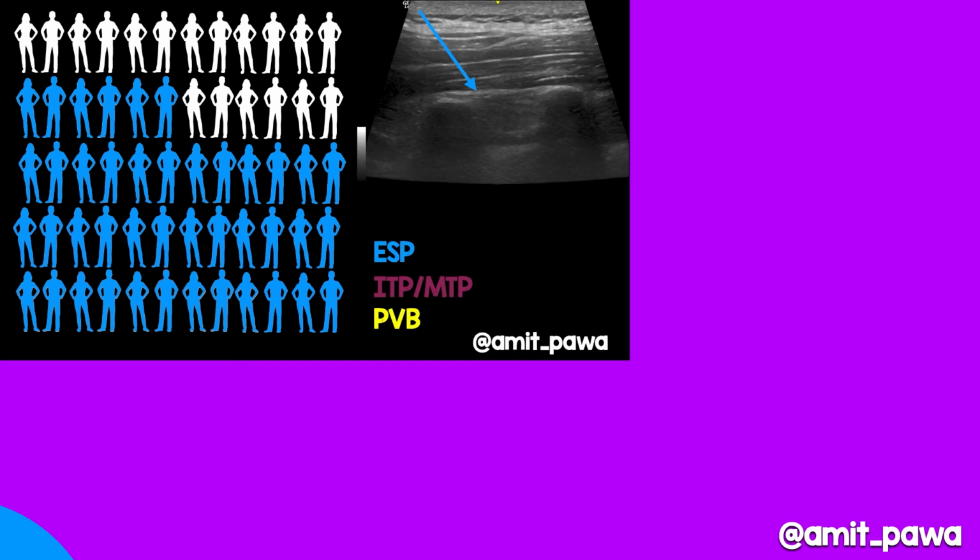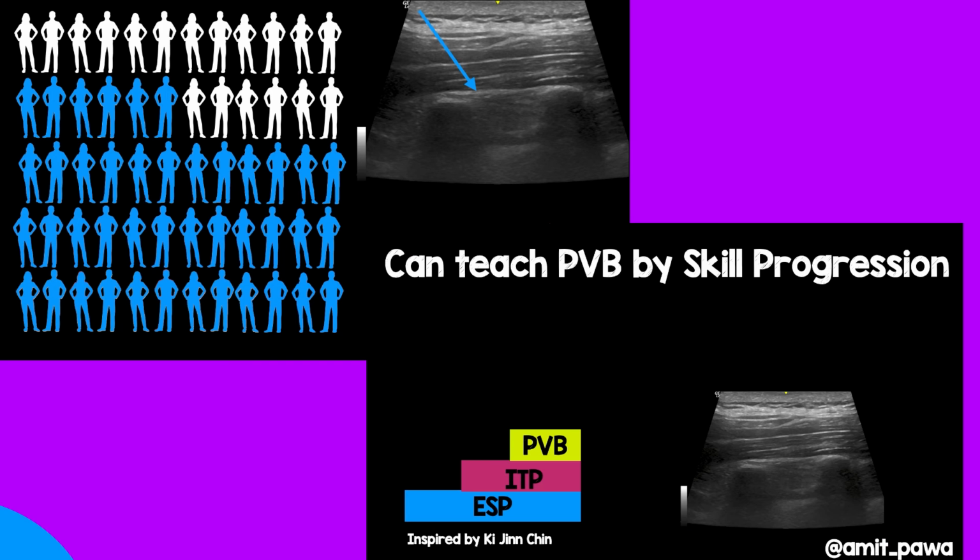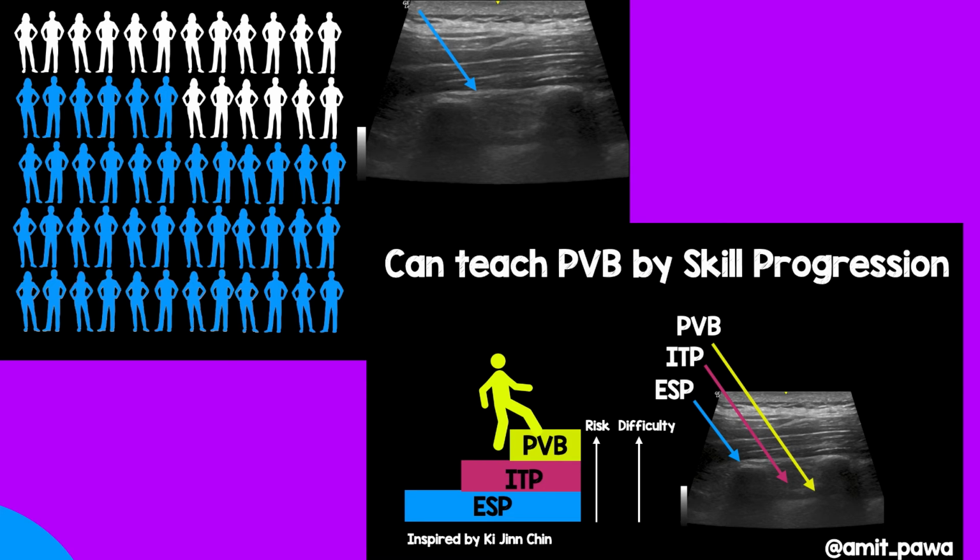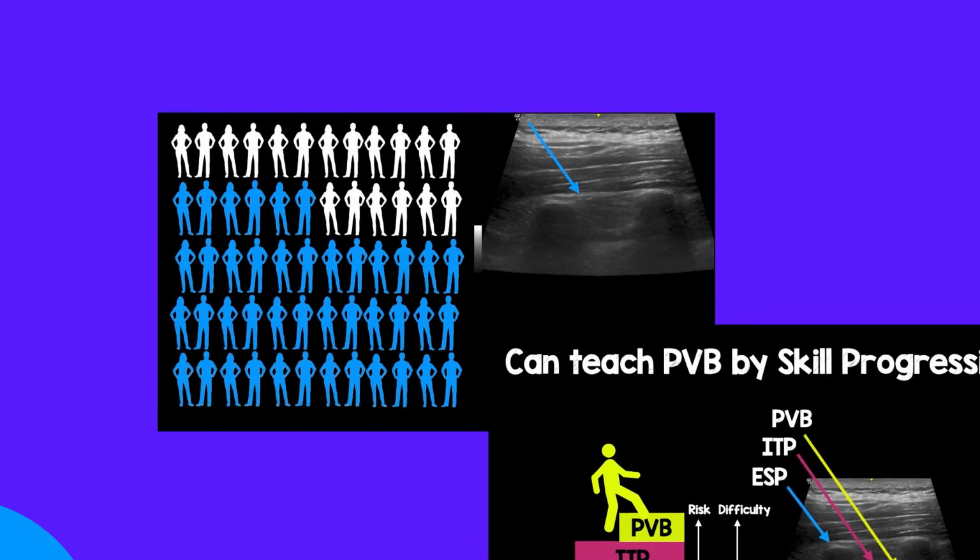And with that knowledge that more people are happy to do the superficial blocks, you can teach the paravertebral block by skill progression. Get people doing ESP blocks, get a bit more comfortable to go deeper, and then when they've got that confident, go right the way down to the paravertebral space. So each time they gain their confidence, they can take their skill progression a little bit further.